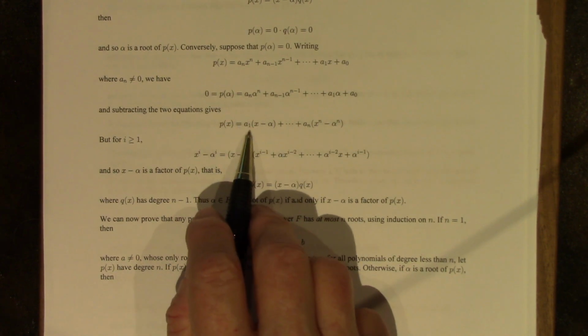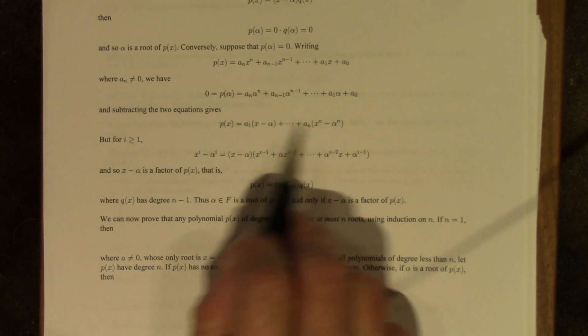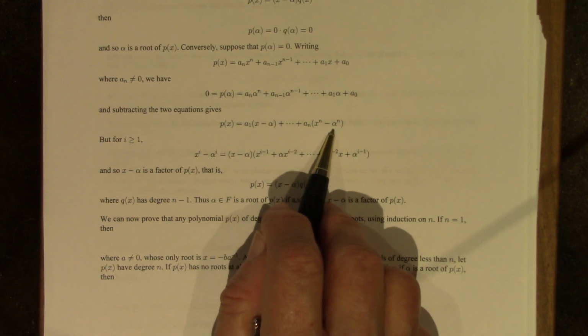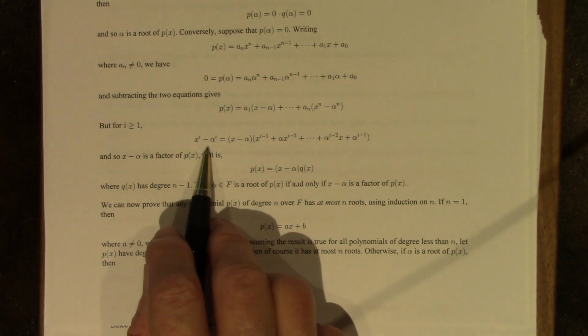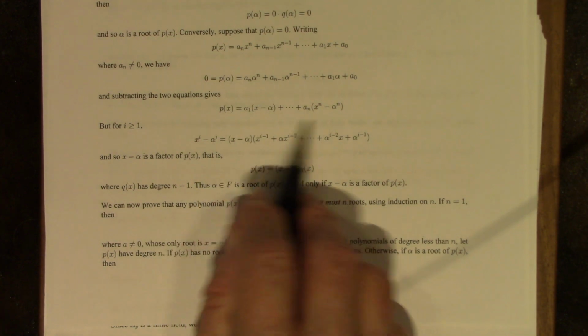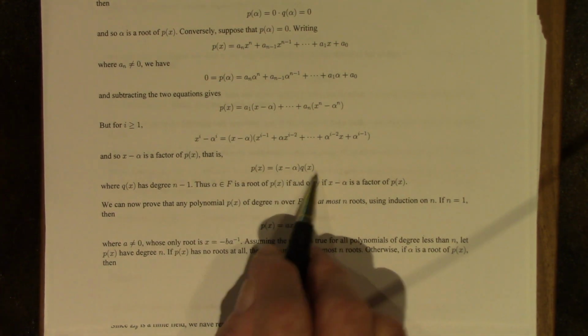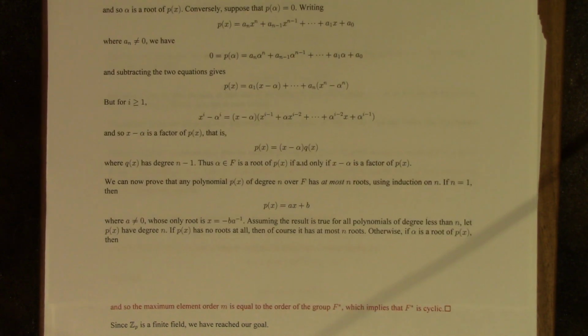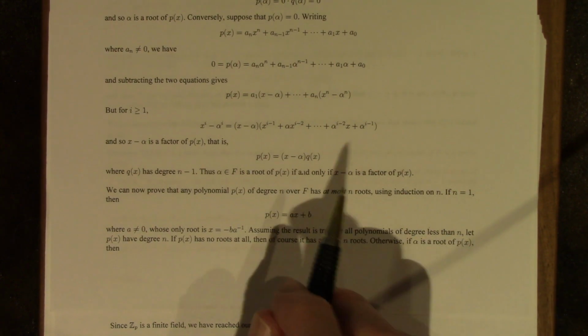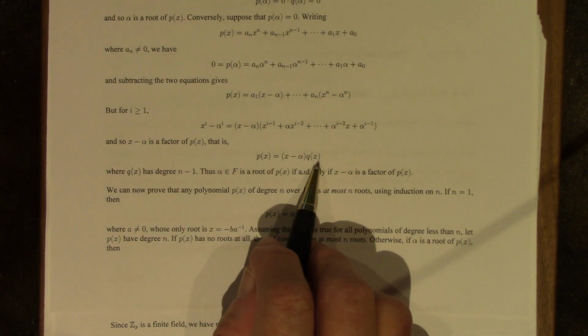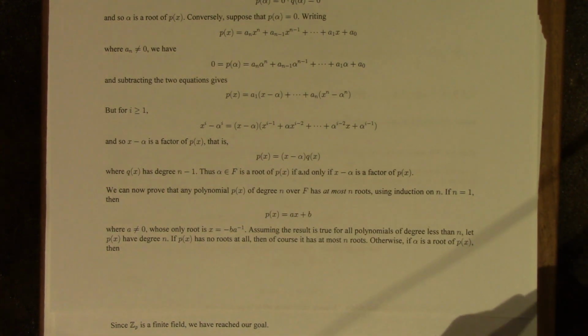P of x then looks like this, but each of these is divisible by x minus alpha, and so p of x is divisible by x minus alpha. And q of x has degree n minus 1. So alpha is then a root of p of x if and only if x minus alpha is a factor of p of x.